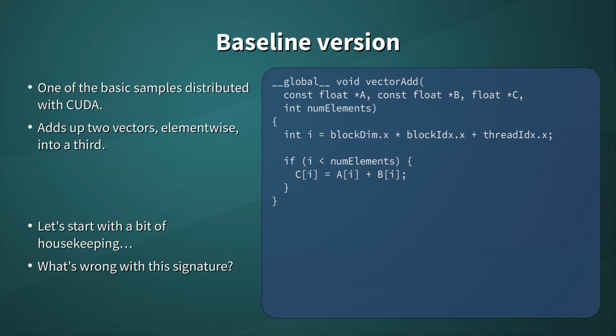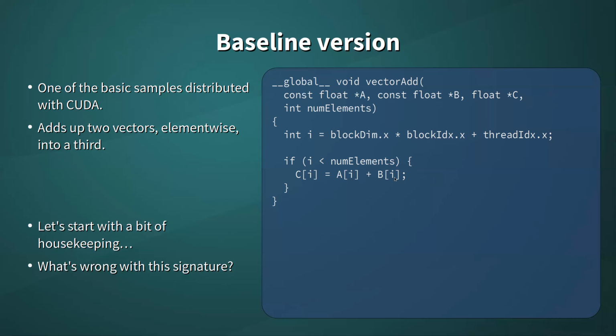And if you happen not to know this kernel, what it does, it takes two arrays or two vectors, A and B, and adds up their elements into C in an element-wise fashion.